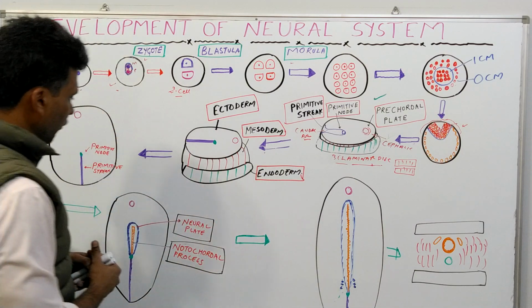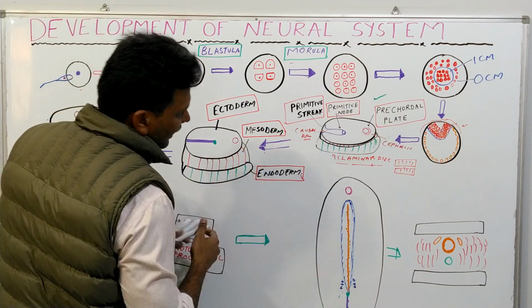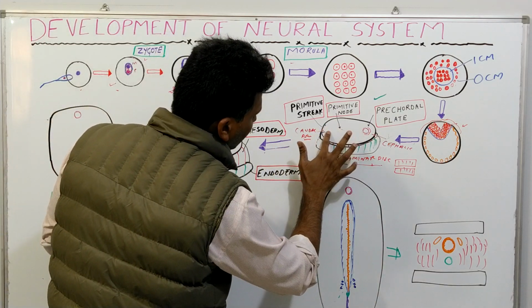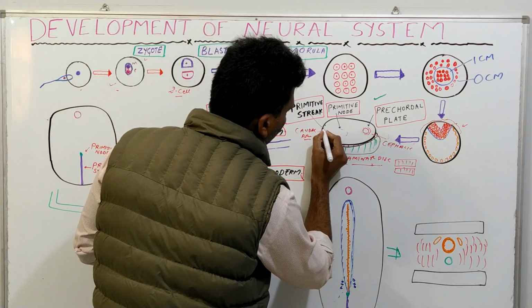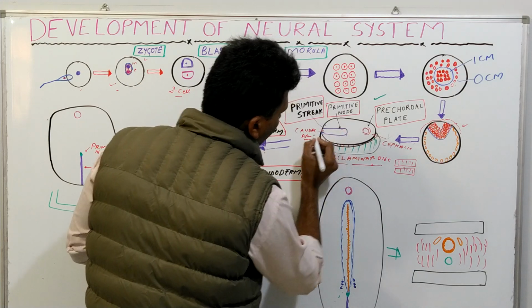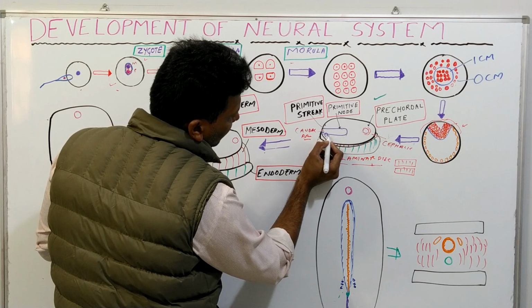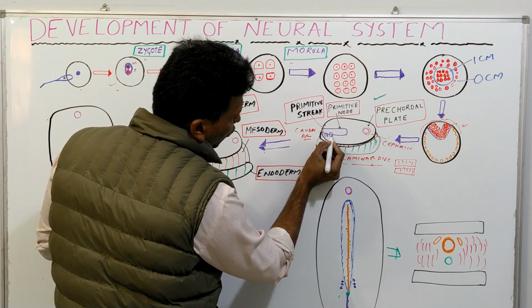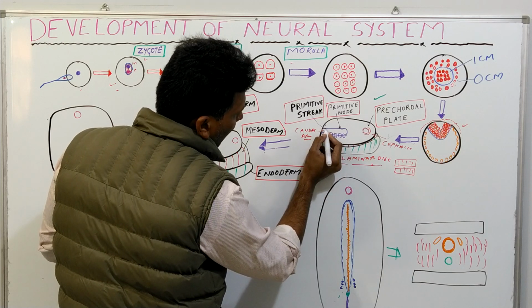Now another very important point. Just to understand, suppose these cells undergo degeneration. Now from here cells move internally, they go inside.